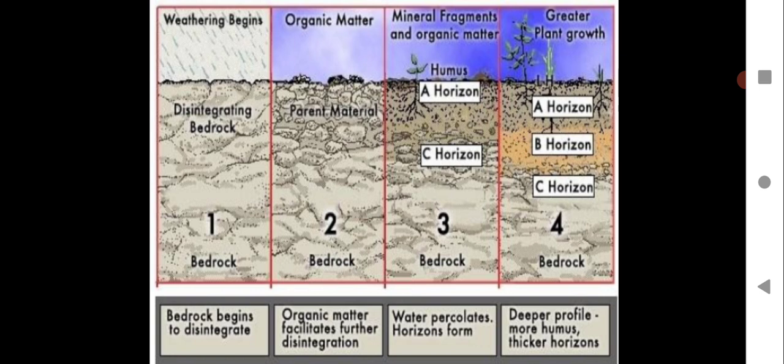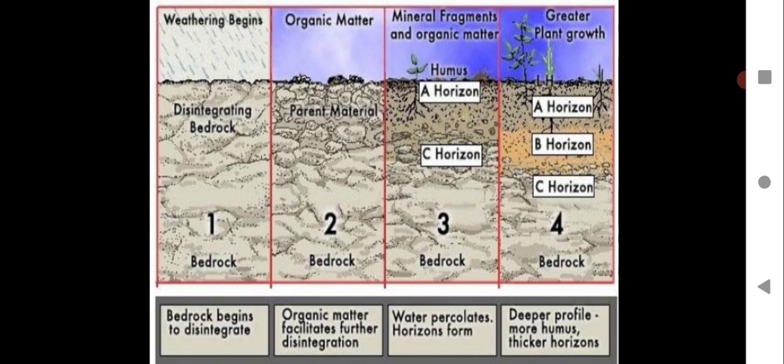Here, in the first image from the extreme left-hand side, you will see bedrock begins to disintegrate. This is a natural process. Then organic matter facilitates further disintegration. Organic matter gets added naturally, and it helps in further breaking down of the bedrock. Then water percolates, horizons form.